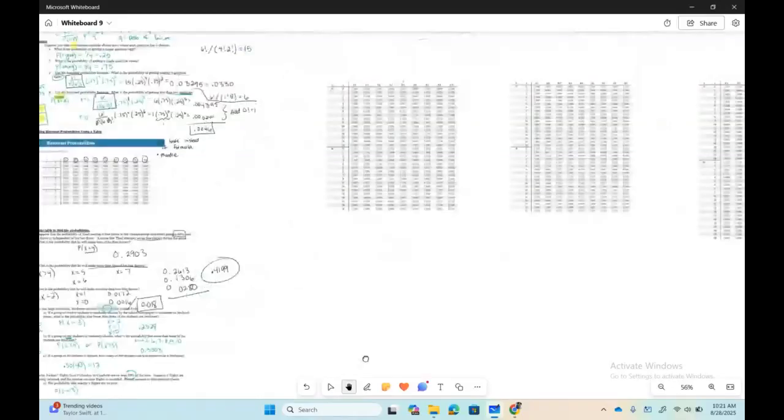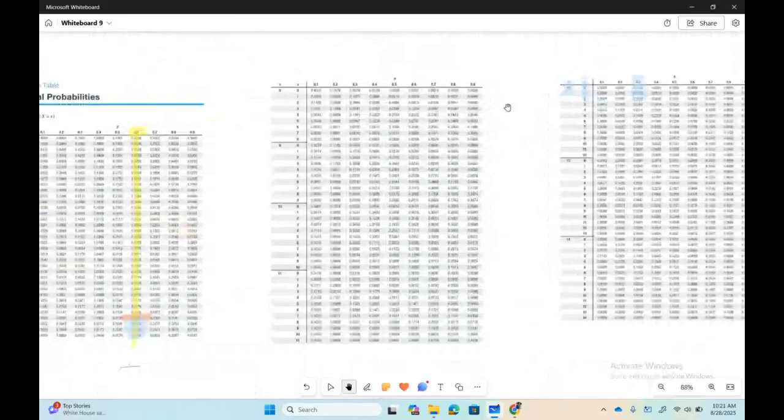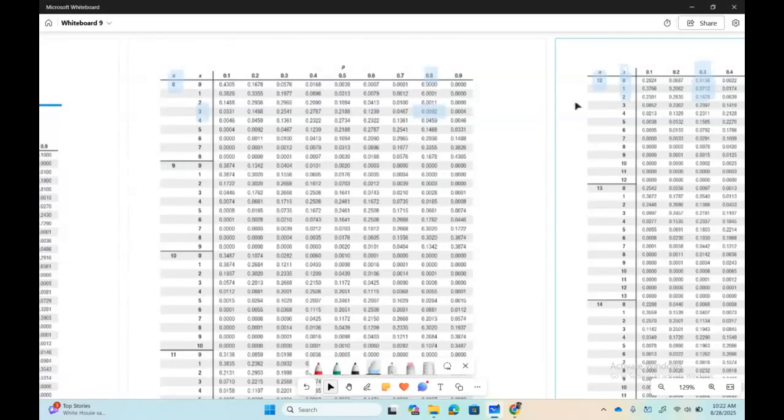I need to find n equals 8. Let's see, the probability here is 3 for x and 0.80, so looks like 0.0092 is our answer for that one.